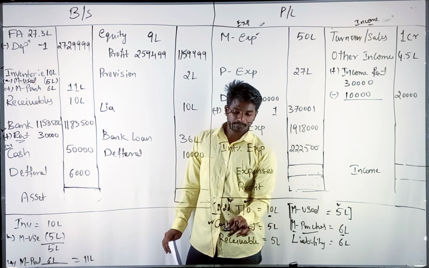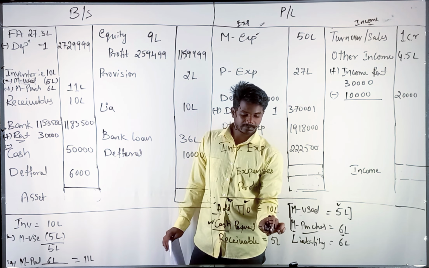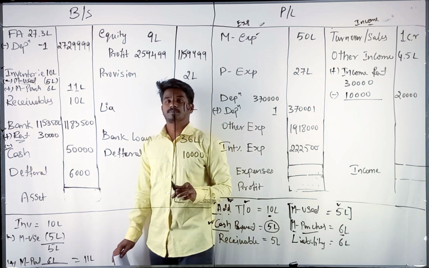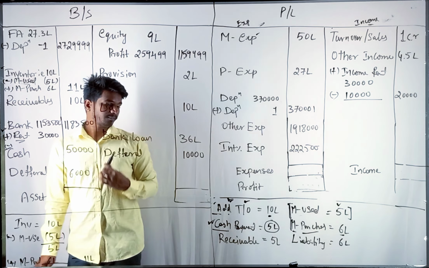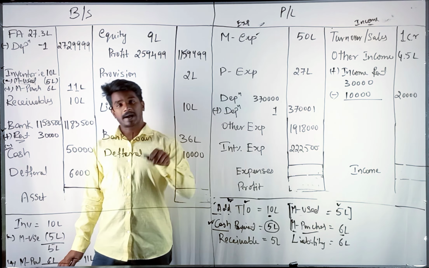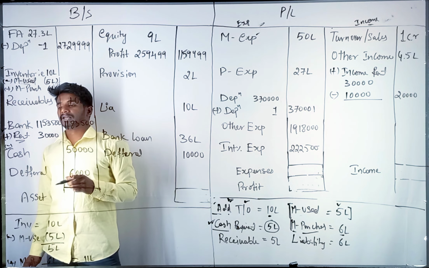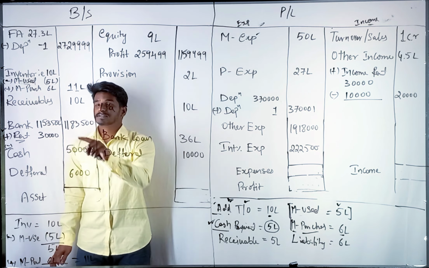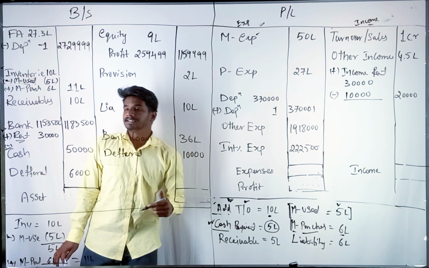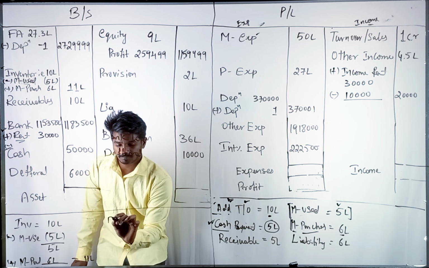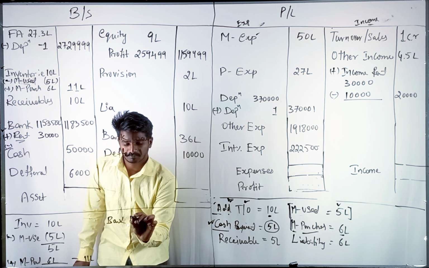Next, what is there? We have received payment, half payment, which is 5 lakh rupees. If we receive payment in the bank account, what will be the bank balance? The bank balance is now 11,83,500.